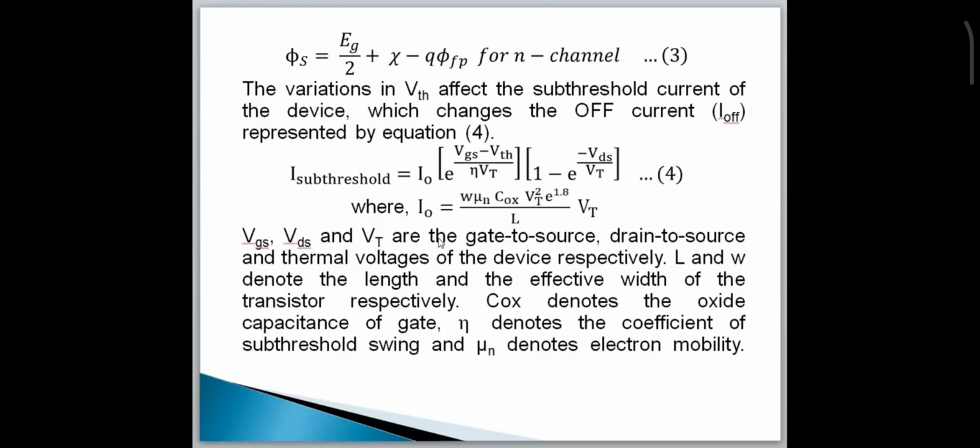VGS, VDS and VT are the gate to source, drain to source and the thermal voltage of the device respectively. L and W denote the length and the effective width of the transistor respectively. Cox denotes the oxide capacitance of the gate, eta denotes the coefficient of the subthreshold swing, and mu denotes the electron mobility.